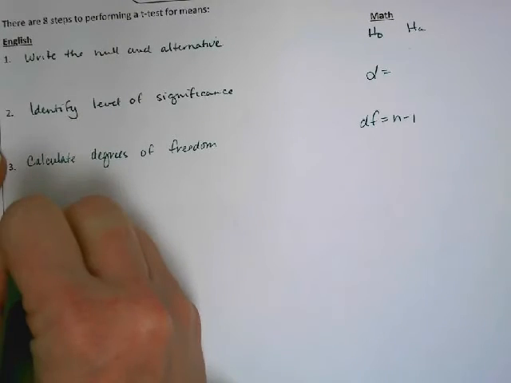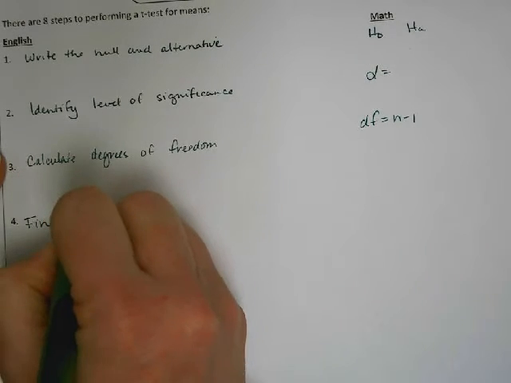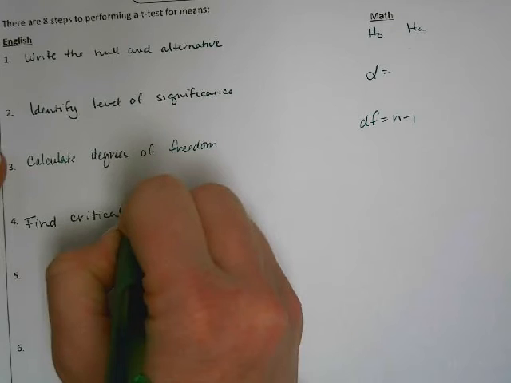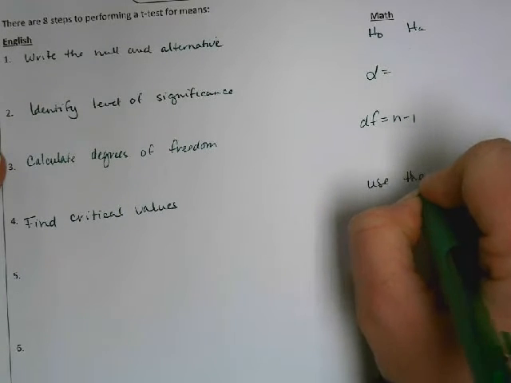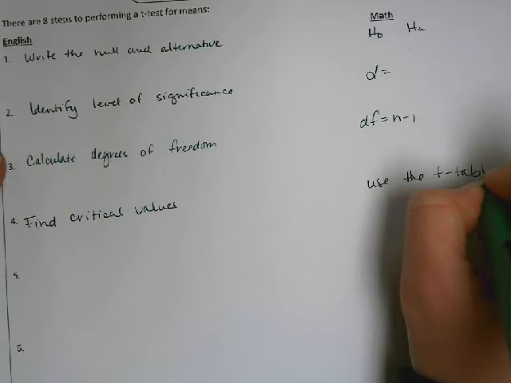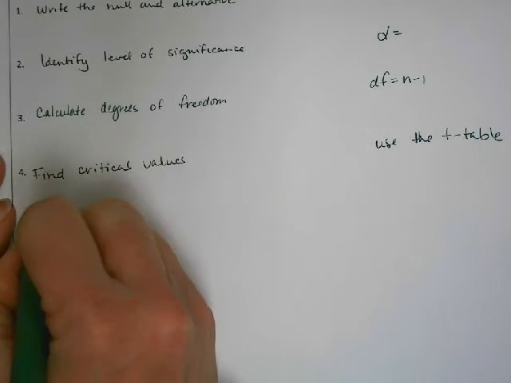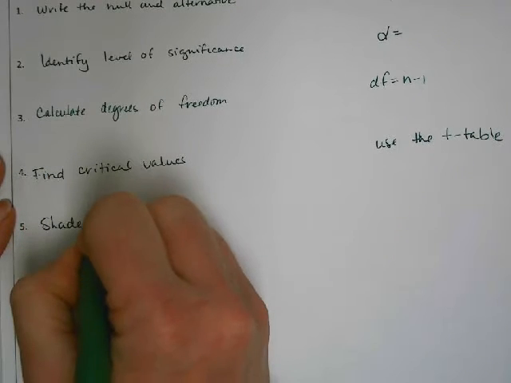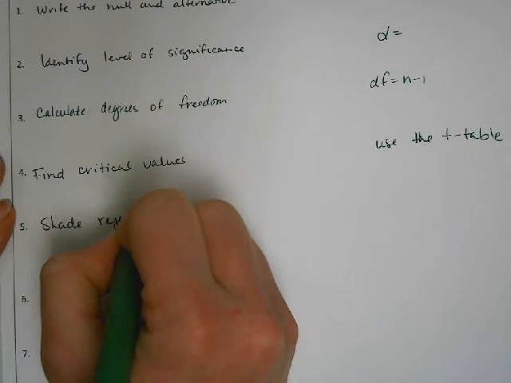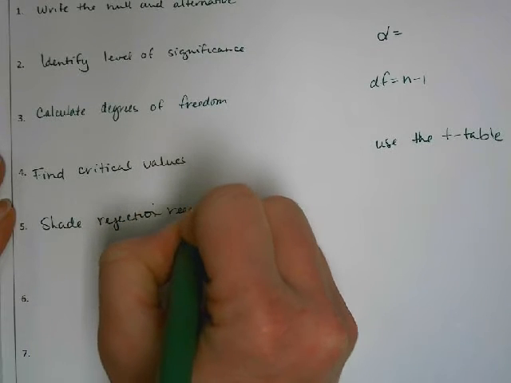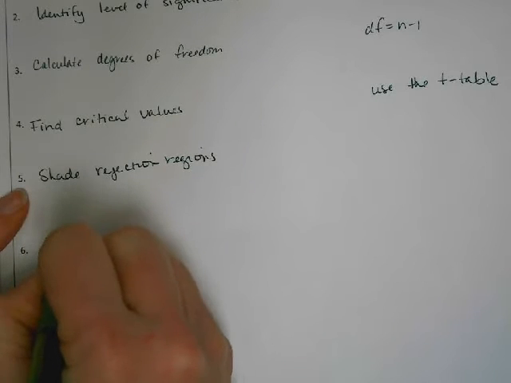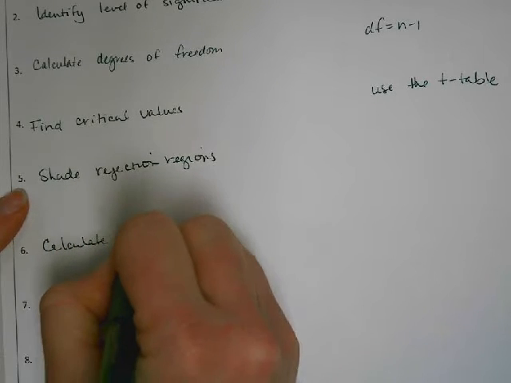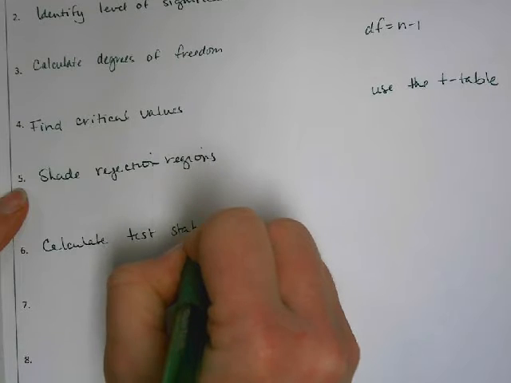Then you'll find your critical values. For that, you use the t-table. Shade the rejection regions. Calculate your test statistic.